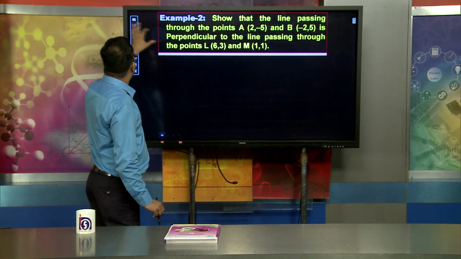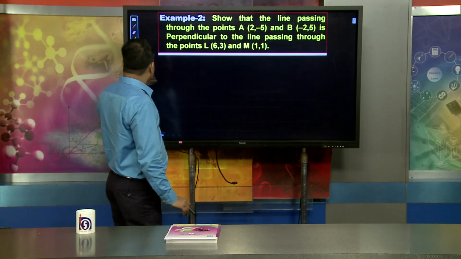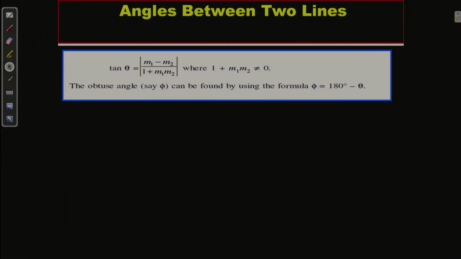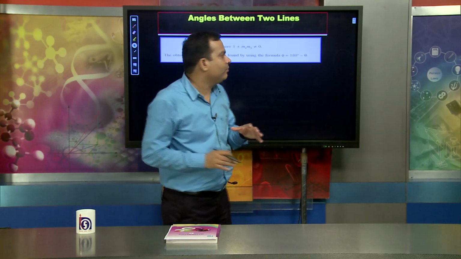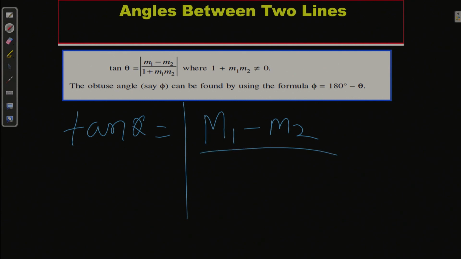Now dear learners, we will move to the next part, which is very important, and you have to remember the formula. When two lines are given, how do we find the angle between the lines? The formula is tan theta equals modulus of M1 minus M2 divided by 1 plus M1 into M2.